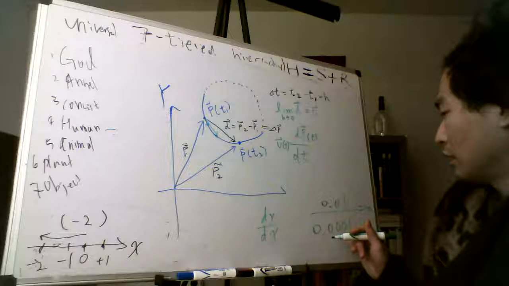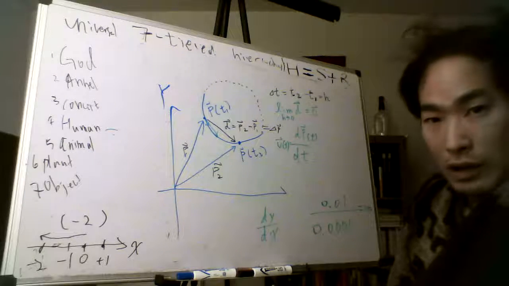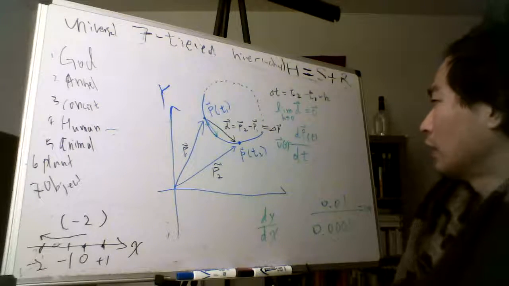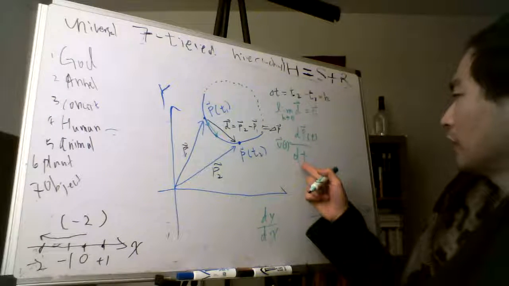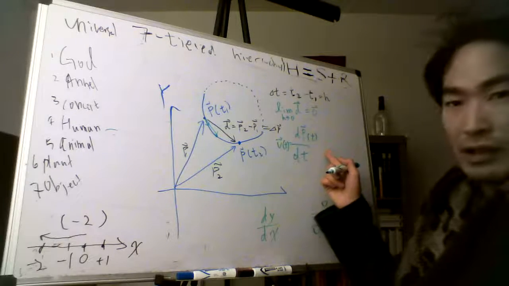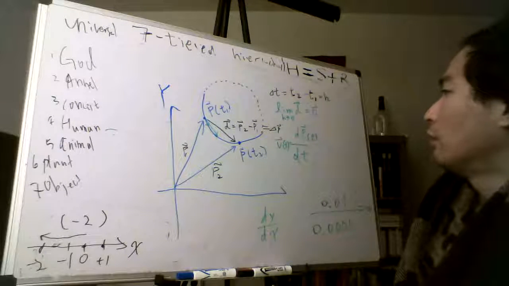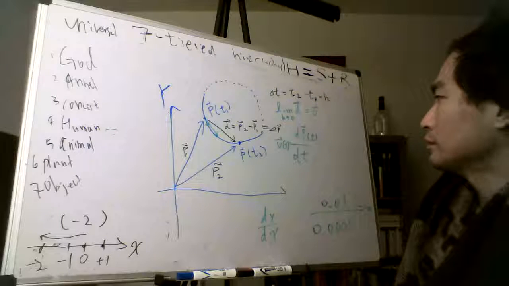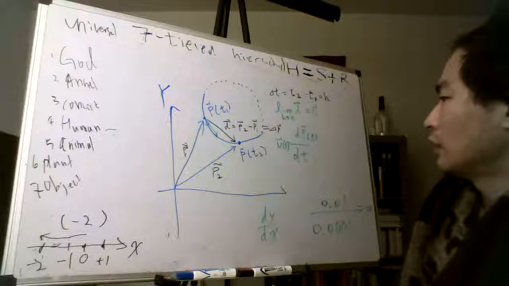So this small number divided by another very small number ends up being something big, like 100. So yeah, that's velocity.